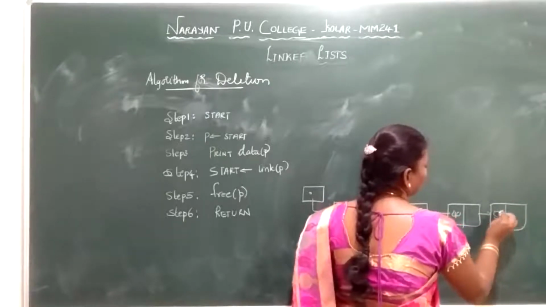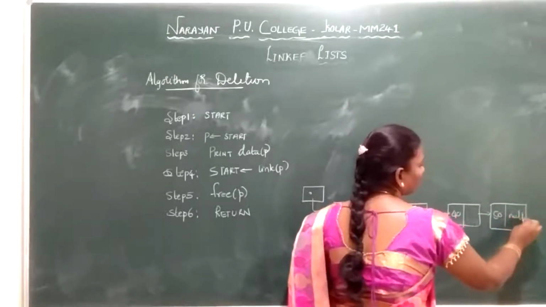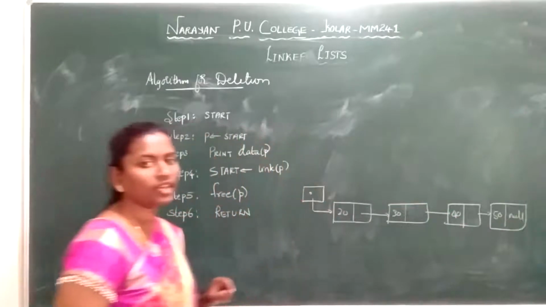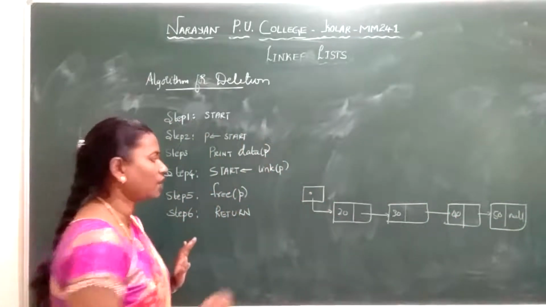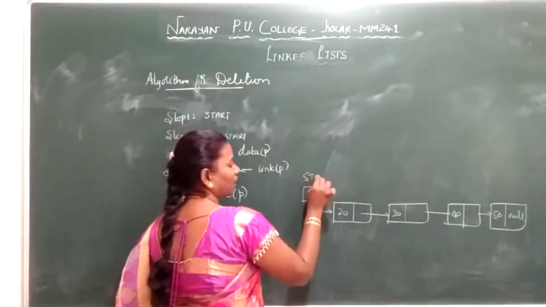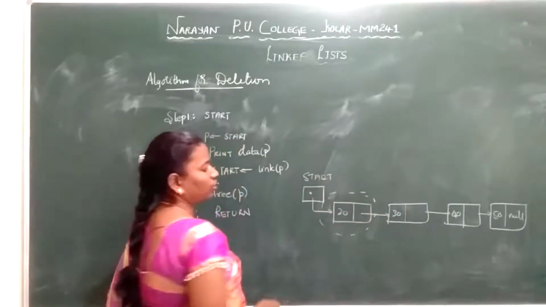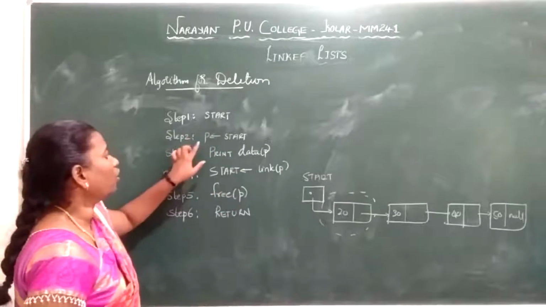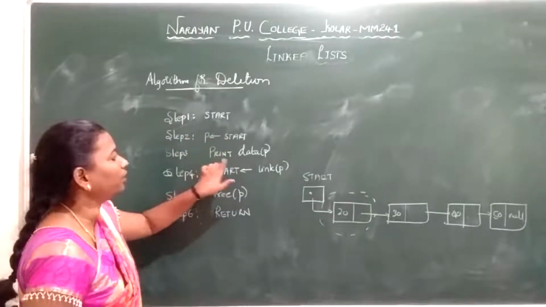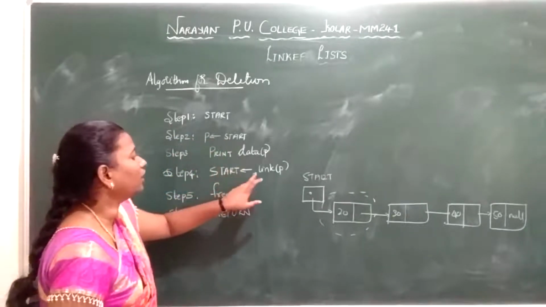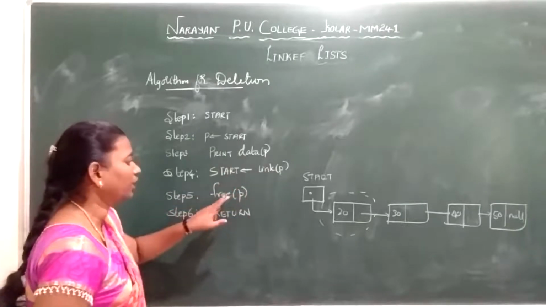This is my last node. How do I know it is the last node? Because I have attached null in the link field. This is my starting node. Now I want to remove at the beginning, I want to remove this. So what should I do? Print the data, give the link of P to start, free P.